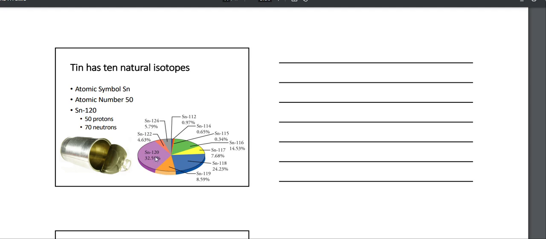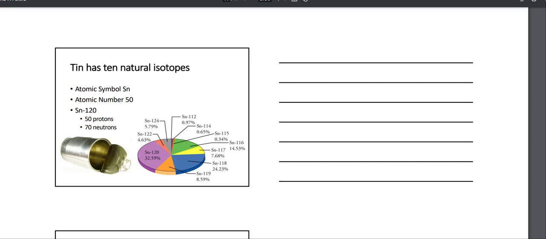Tin 120, for instance, represents about 32.59 percent of tin's existence in nature. You can see how many isotopes of tin exist naturally. The atomic symbol for tin is Sn. The atomic number is 50, so it has 50 protons and 70 neutrons.